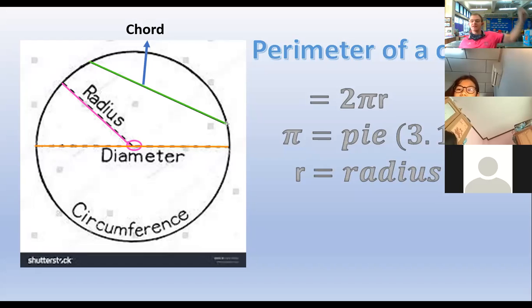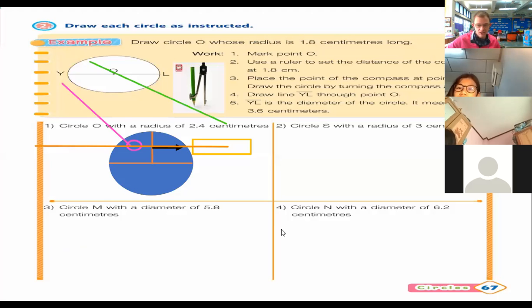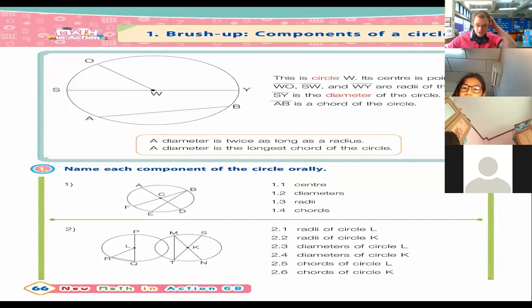And the circumference is the total distance around the whole circle. That's a quick brush up on our circle knowledge and the words we're going to use quite often.